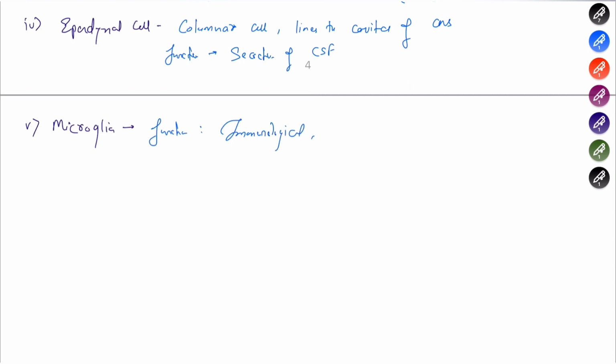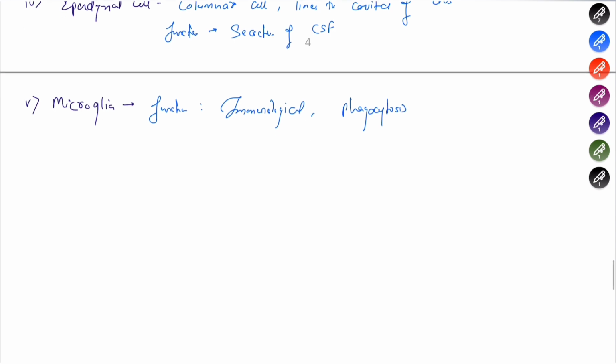The important thing you should know about this cell is that it develops from mesoderm. All cells of the nervous system arise from neural crest or are ectodermal in origin, except neuroglia. Neuroglia originate from the mesoderm. It is a type of macrophage.